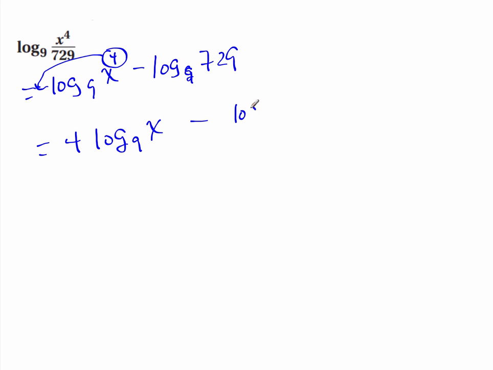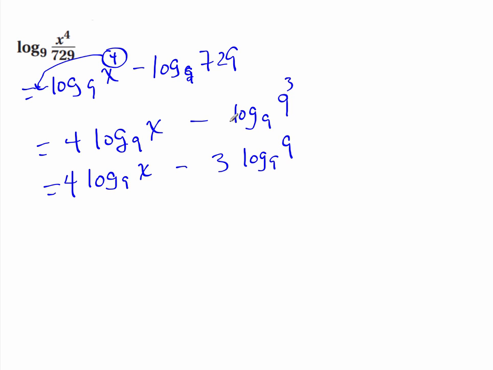But what can I do about the log base 9 of 729? Well, it turns out 729 is 9 cubed. So this is 4 times the log base 9 of x minus, I'm going to bring this to the front, 3 log base 9 of 9.